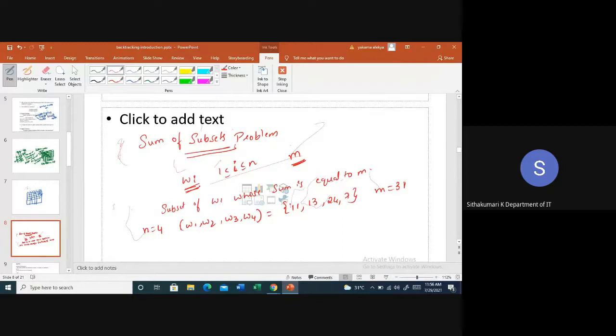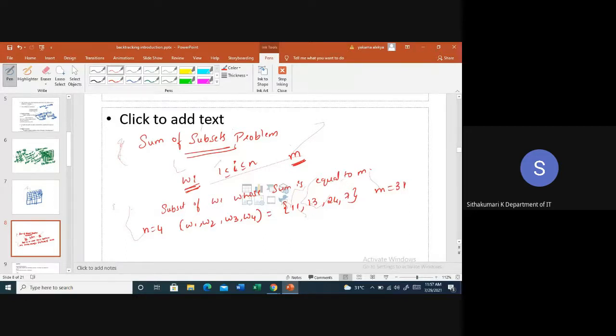Now we need to find a subset, maybe 11 plus 13. Suppose if this is equal to 31, that can be the solution. Or 13 plus 24, or 11 plus 13 plus 7, or 13 plus 24 plus 7. Whichever sum is equal to m, you need to come up with all those subsets.